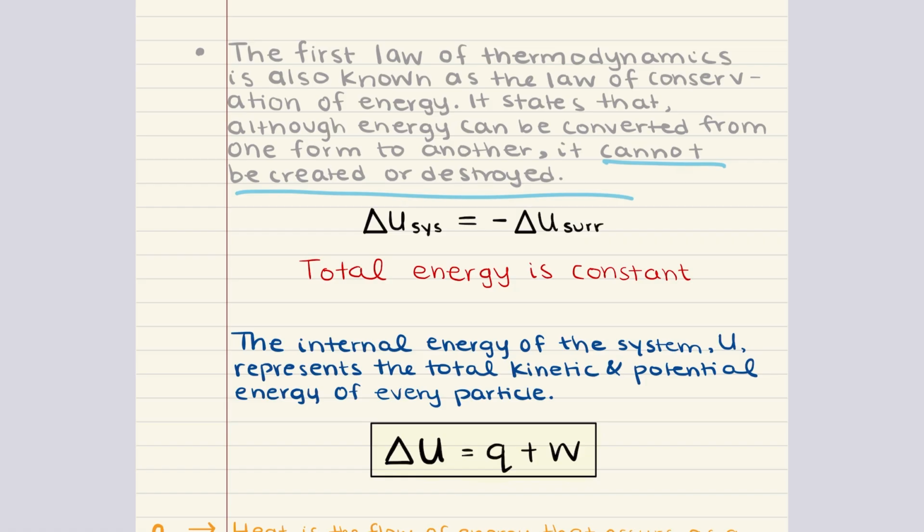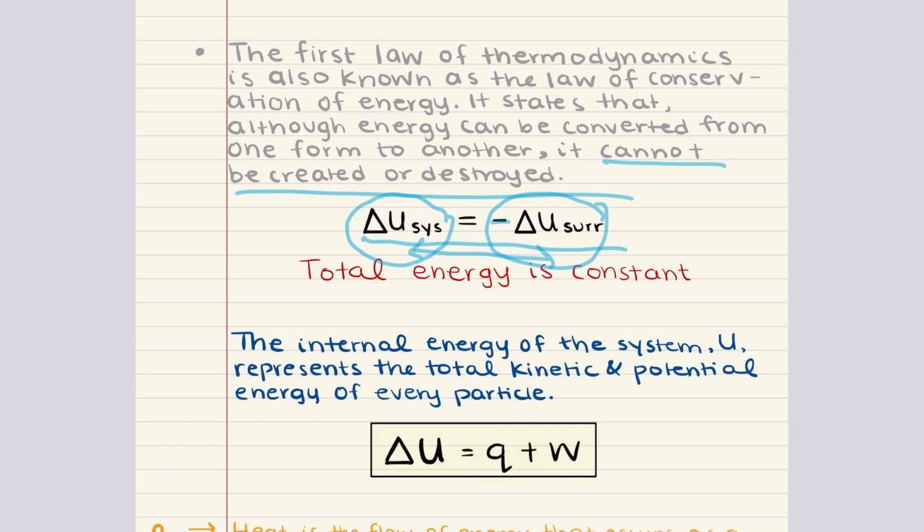We can express this idea mathematically with the following relationship. The change in the internal energy of the system is equal to the negative change in internal energy of the surroundings. So this equation reminds us that the total energy between the system and surroundings stays constant. Energy doesn't disappear, it just shifts between system and surroundings.